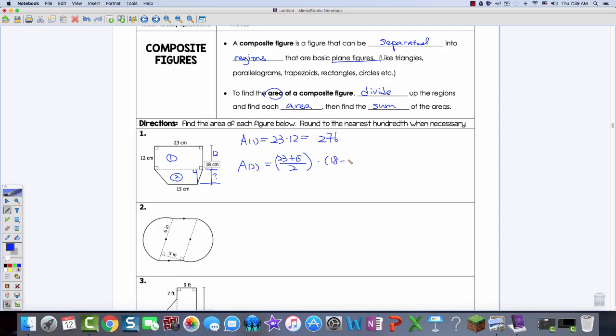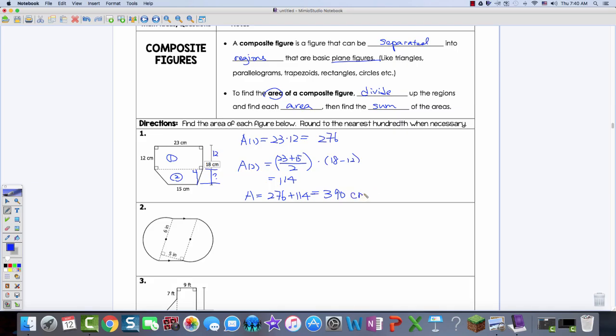That gives me the height. If I do my calculation right, this should come out to be 114. My last step is simply to add the two together, which gives me a total area of 390.